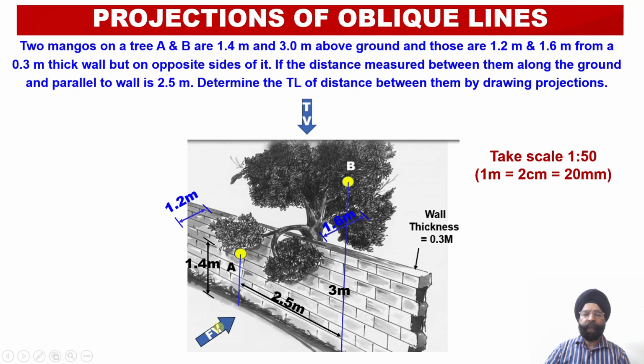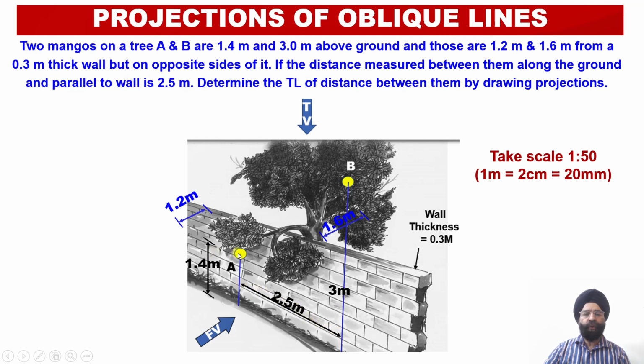As we look at this tree from this side, this is going to be the front view. The horizontal distance between the vertical projectors of point A and point B happens to be 2.5 meters.